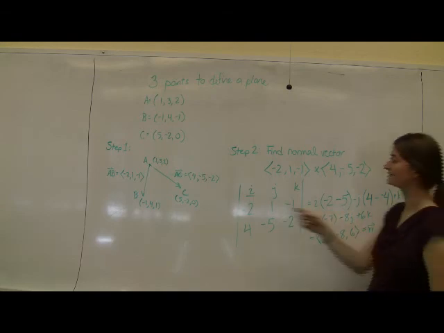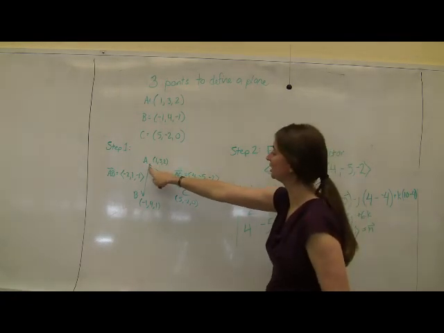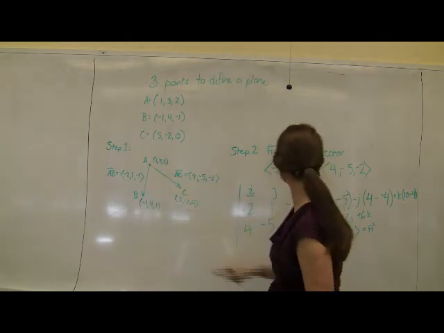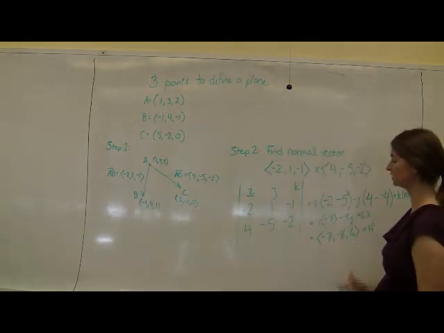And we're done. We're going to use A as our initial point, because that's the point that emanated the other two vectors. And we're going to use this as our normal vector.